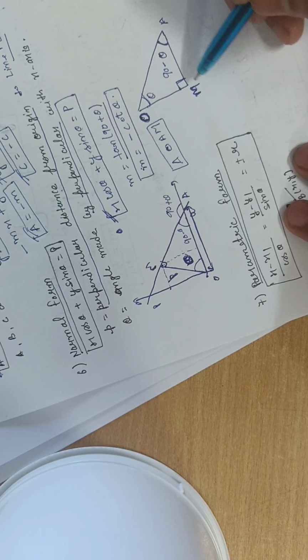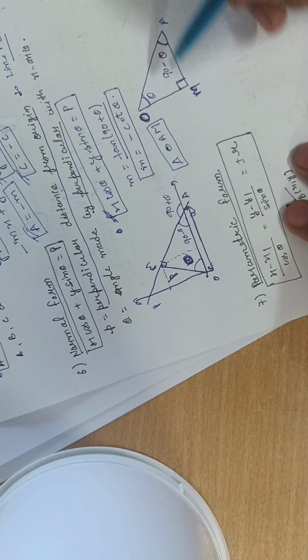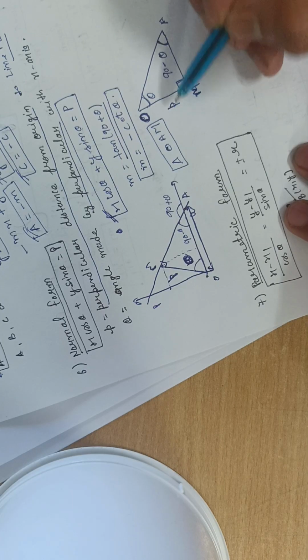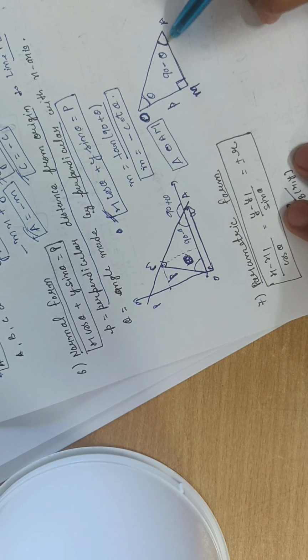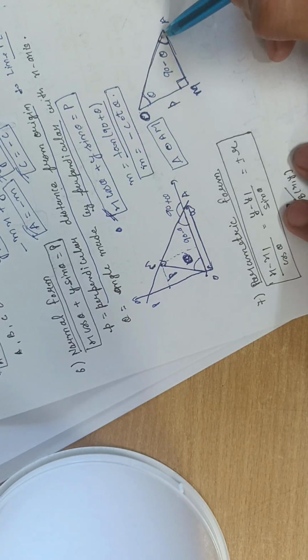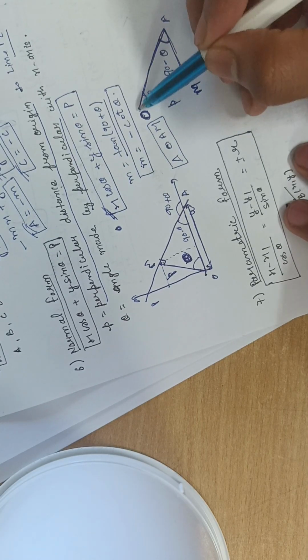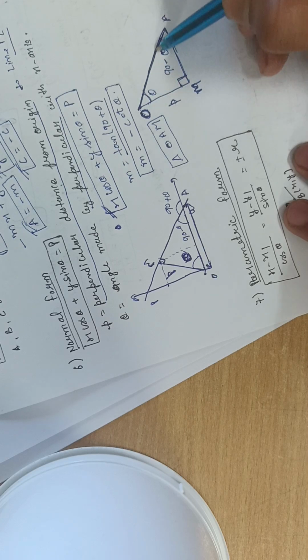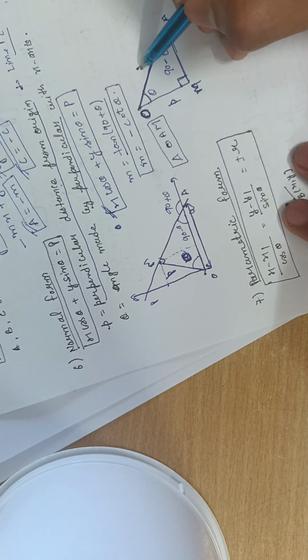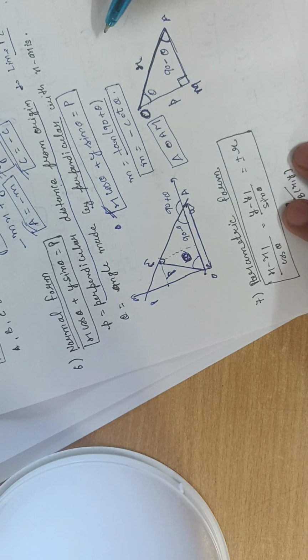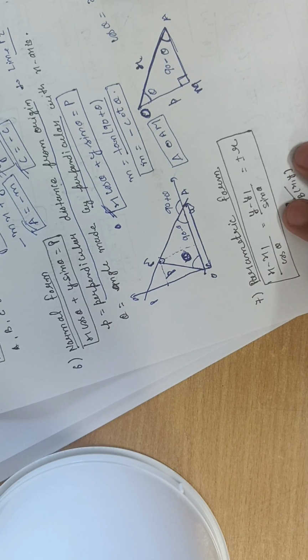The value of this is P. If anyone asks me, we have to determine the value of OA because this is the intercept. Suppose we take x, and cos theta equal to x divided by p, and x equal to p cos theta.